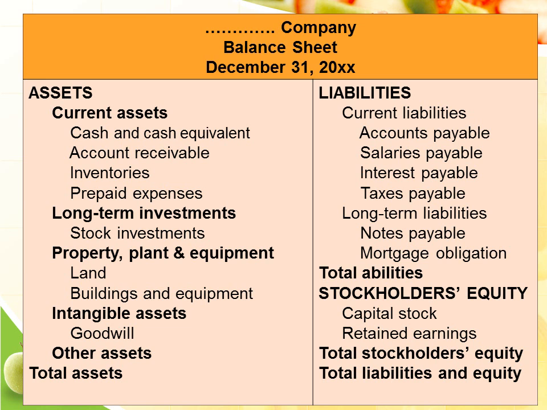Long-term investments include stock investments and investments in other entities. Property, plant, and equipment includes the land, buildings, and equipment actively in use by the company. Intangible assets are assets that lack physical existence and include items like patents, copyrights, or goodwill.